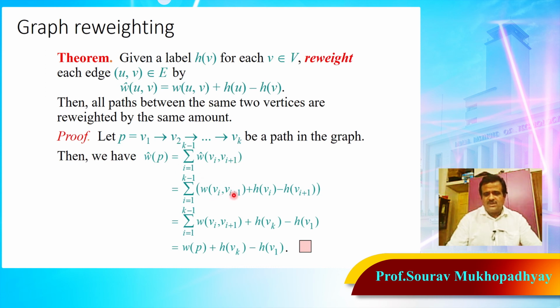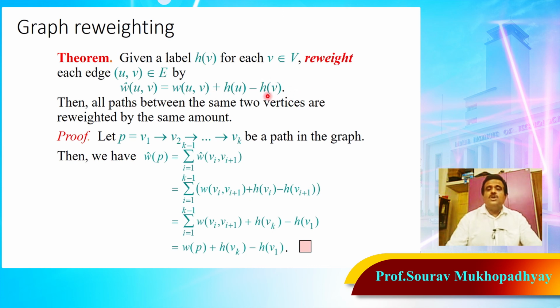Now if you do this sum and put this value in, it is nothing but Wp, the original path weight, plus this term. Now we want this to be positive. So we want to choose this h in such a way that the new weight is greater than or equal to 0.